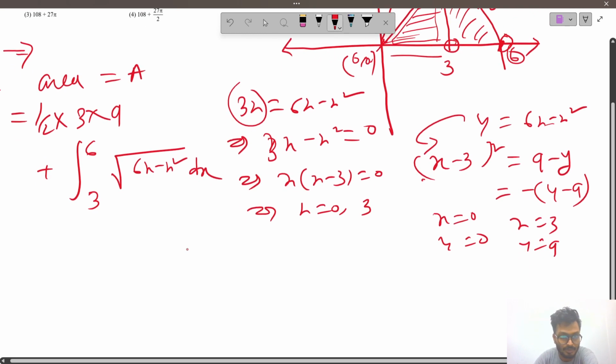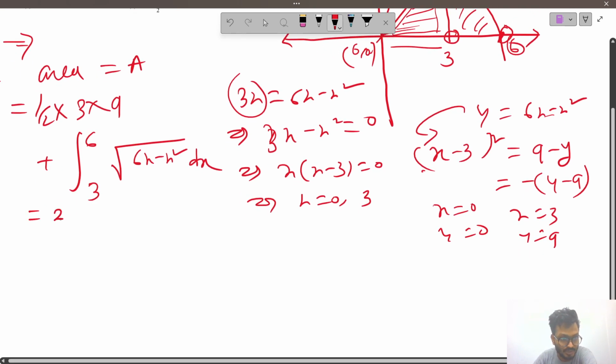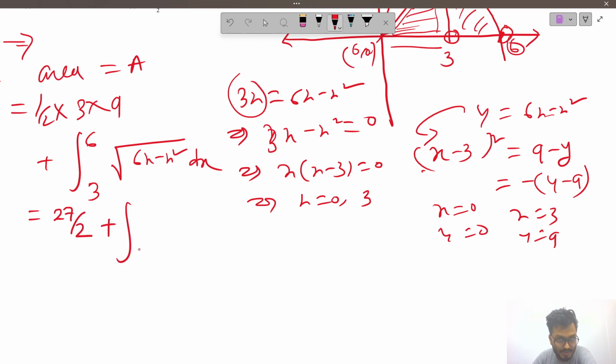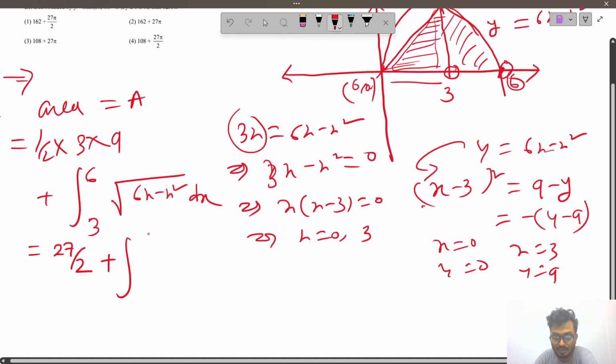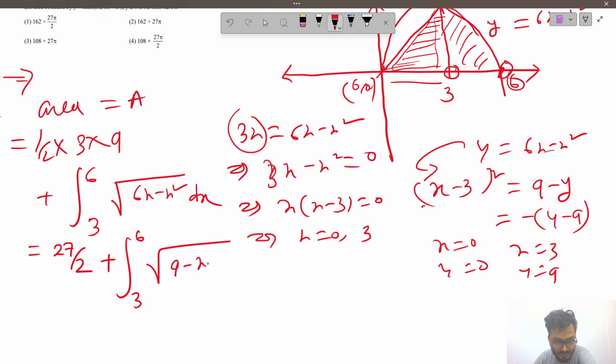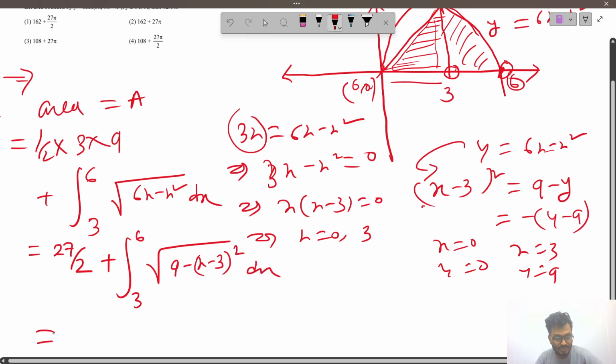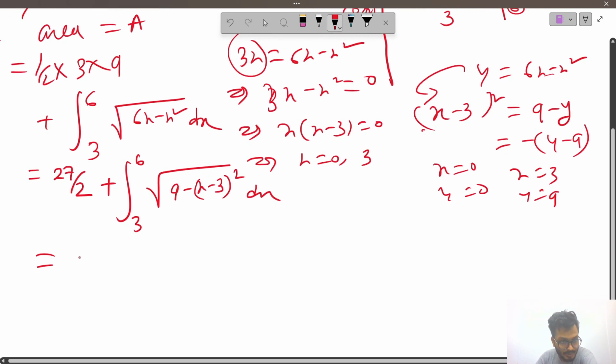Now let us look at what we get. So this is 27 by 2 plus the integration from 3 to 6. We can write it as root of 9 minus (x minus 3) whole square dx. So what is this integration?